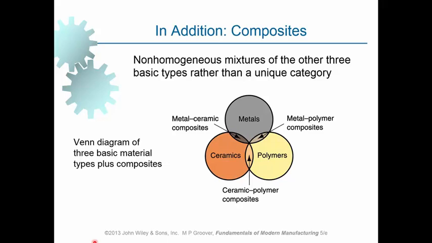Why is this needed? Well, sometimes we are after a set of properties that do not exist in each of the basic engineering materials. For example, if we are after a material that is very strong and rigid, at the same time it has to have a low density, and it has to be of lightweight.